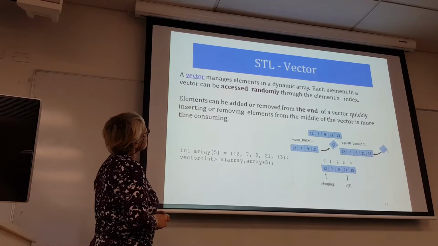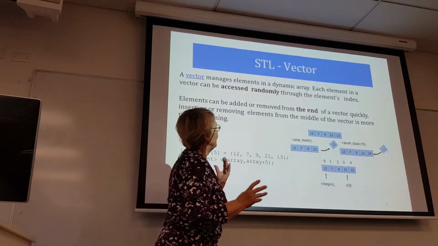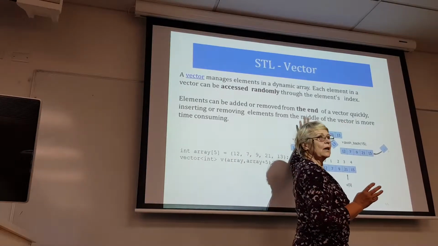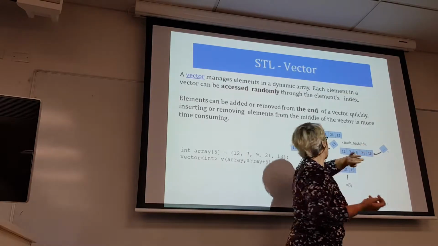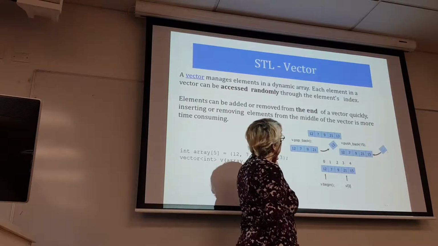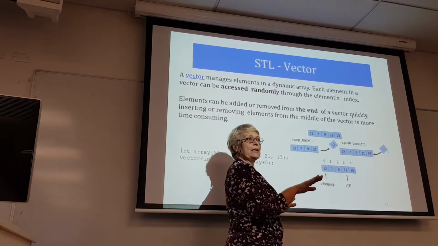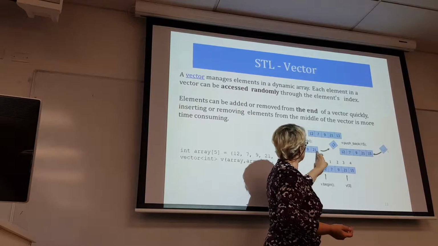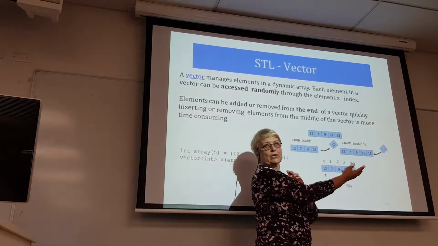So, if you look at a vector, you can think of it as a sequence of one element after the other. What you can do to work with that: pop back means remove the last element. Back refers to the last element.